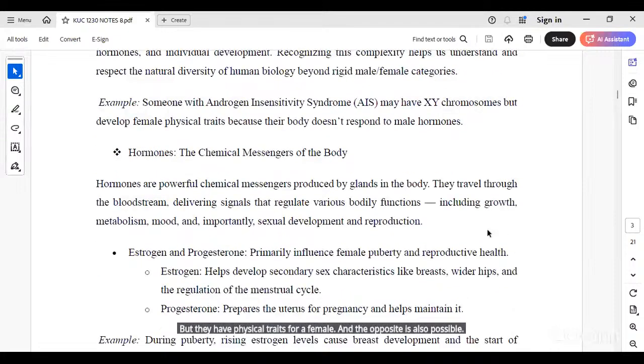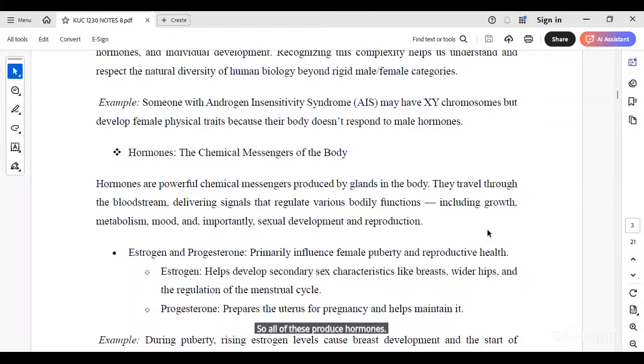So on the basis of hormones, hormones are the chemical messengers. These are chemicals that are produced by glands in our body. Some of the glands that you can think of are the mammary glands, otherwise called the breasts, and the salivary glands. Those are some of the obvious glands. All of these produce hormones.